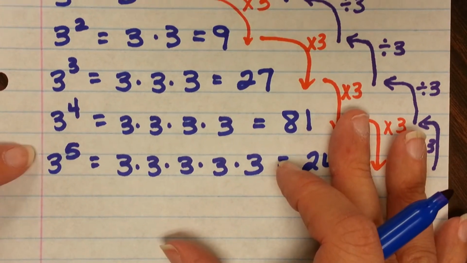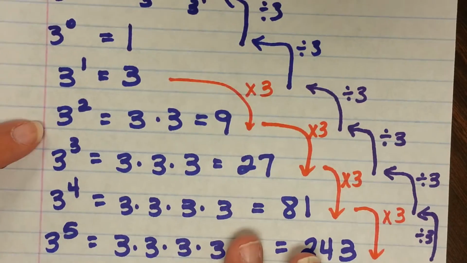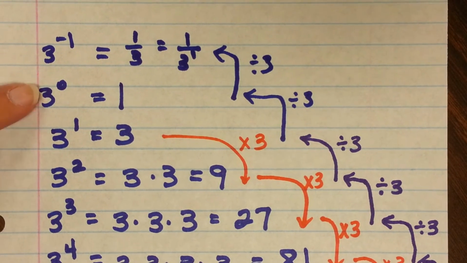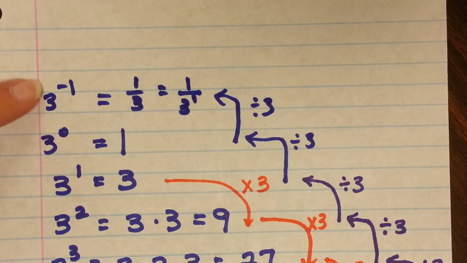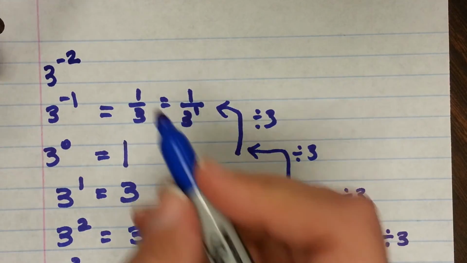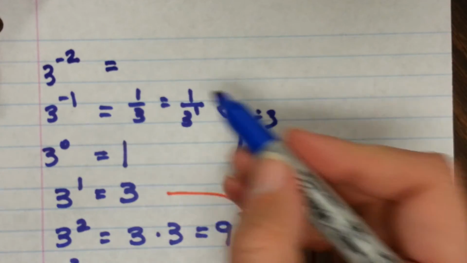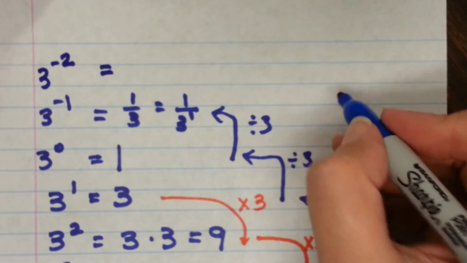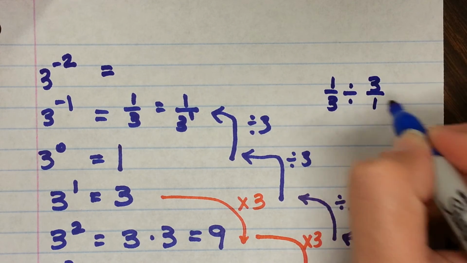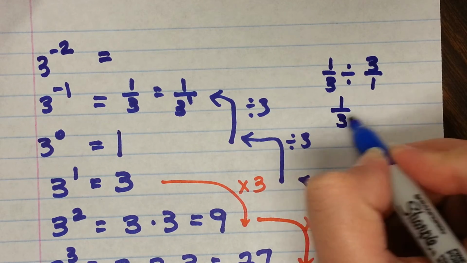Alright, so I have 3 to the fifth, 3 to the fourth, 3 to the third, 3 to the second, 3 to the first, 3 to the 0, and then 3 to the negative 1. My next one would be 3 to the negative 2. So what would that be? Well, if I took the 1/3 and divided by 3, that's the same thing as 1/3 times 1 over 3.